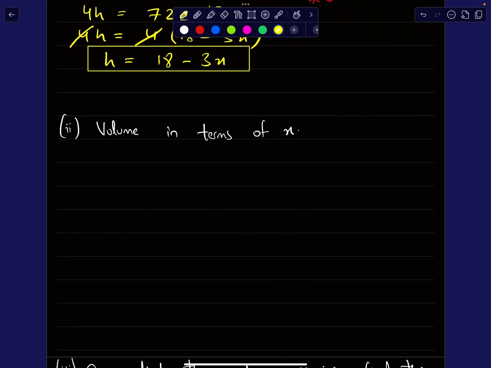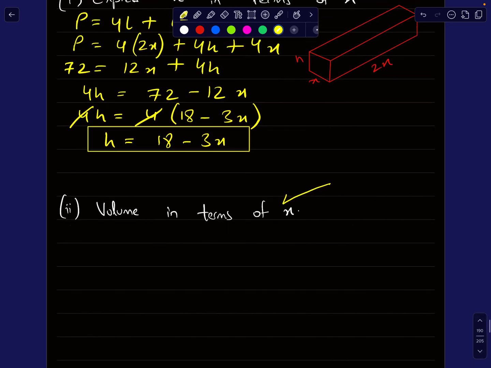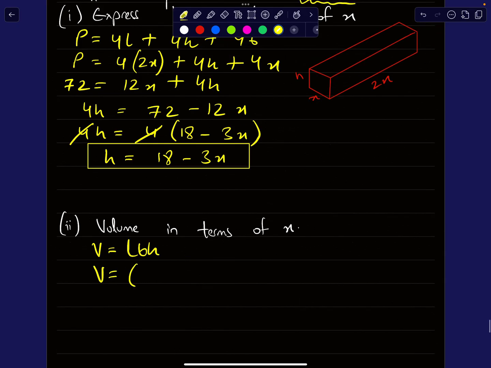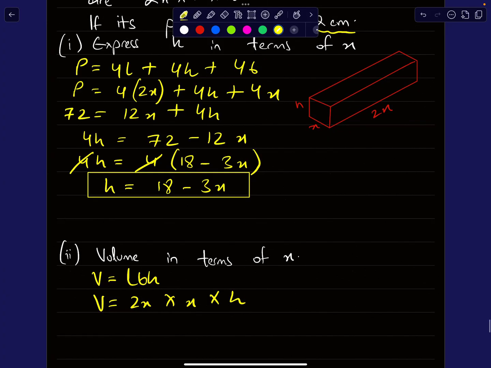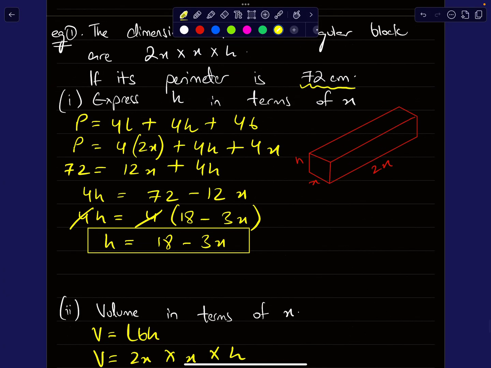Now, we have been asked to find the volume in terms of x. So the formula for volume was length into breadth into height. So we have, by what we are given, the dimensions, something like 2x into x into h. Now realize that the first part made the work easier.